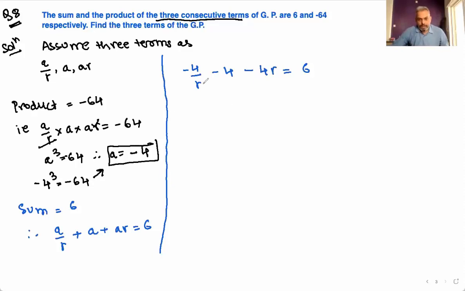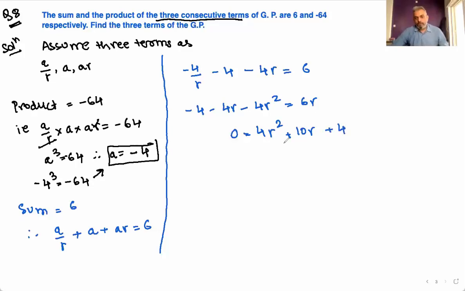Now, we cross multiply by R and take the LCM. So minus 4 minus 4R square is equal to 6R. Now, minus 4, we take it to the right hand side, so it becomes plus 4; minus 4R square becomes plus 4R square; minus 4R becomes plus 4R, plus 6R, it becomes plus 10R, and this minus 4 becomes plus 4, is 0.